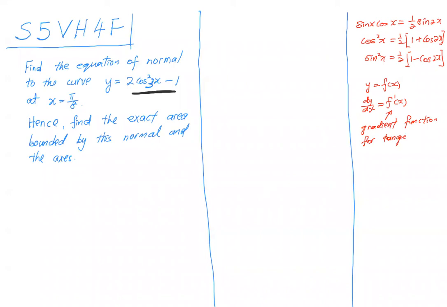Remember that. So if I want to get the gradient of normal, what I need to do, I need to take -1 over gradient of tangent at that point.